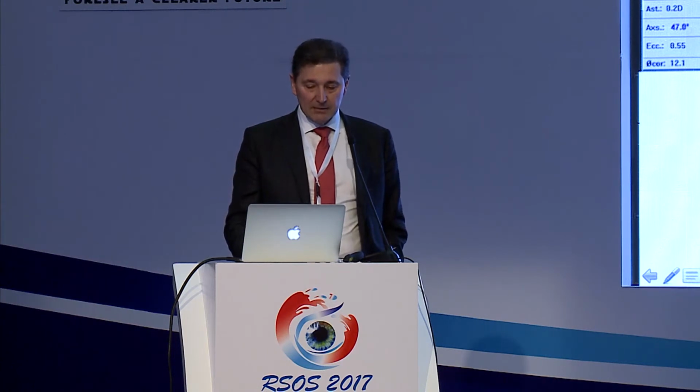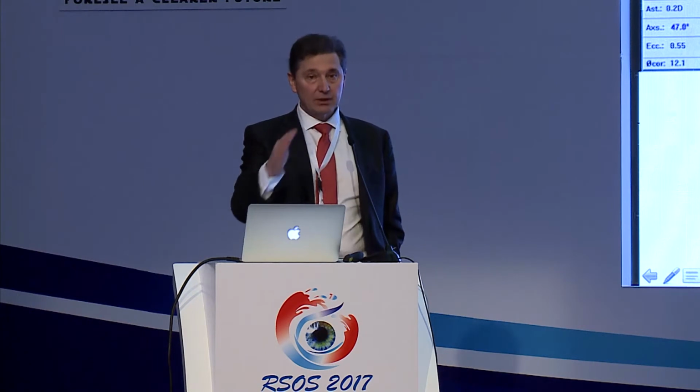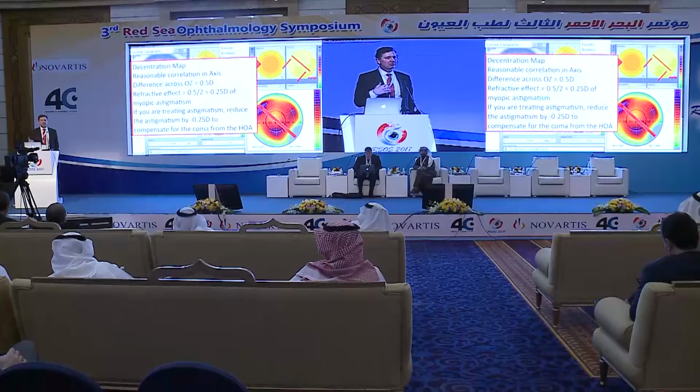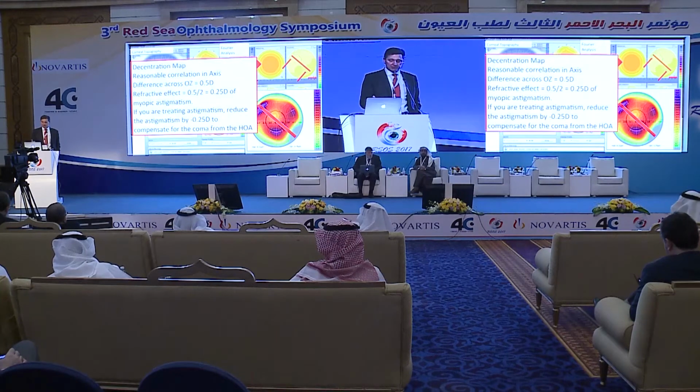You take that same axis and place it over the decentration. If there's a very good correlation, then you can make an adjustment where you look at the difference from one end to the other, and in this case it's half a diopter. You divide by 2, and this allows you to work out what to do in terms of sphere. This is all arbitrary for now. This is going to be far more sophisticated in time as more and more people use this and make it easier.